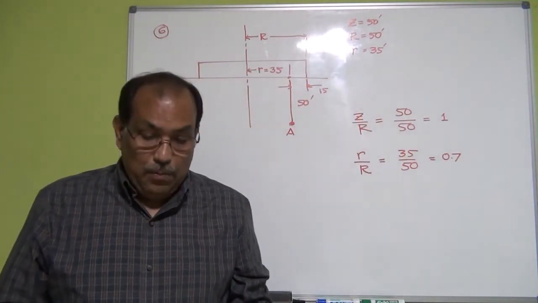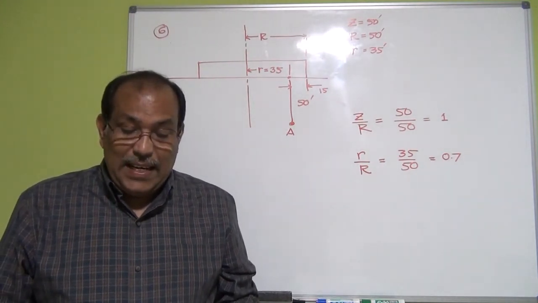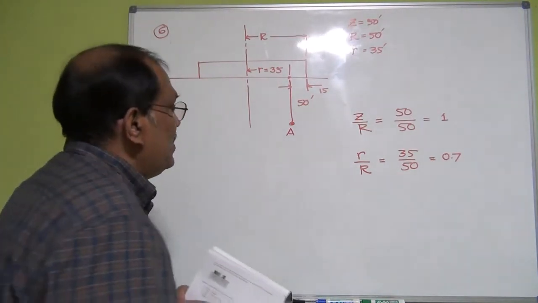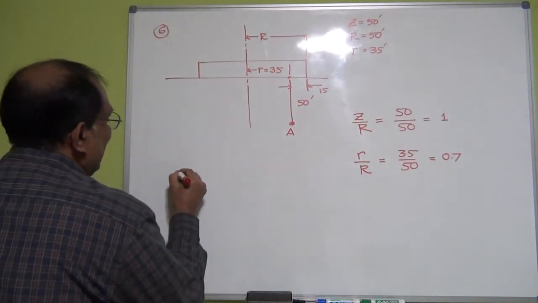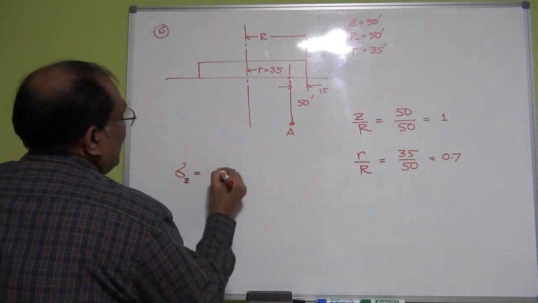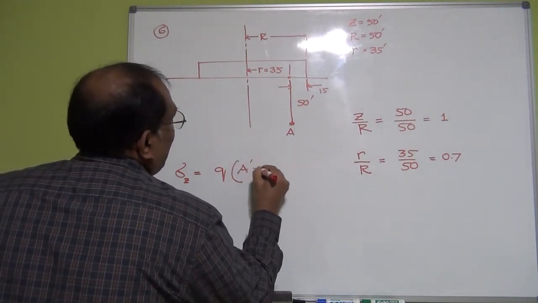Now you go to the tables, 10.8 and 10.9. We know that your del sigma z, the change or increase in your vertical stress, is basically Q into A prime plus B prime.